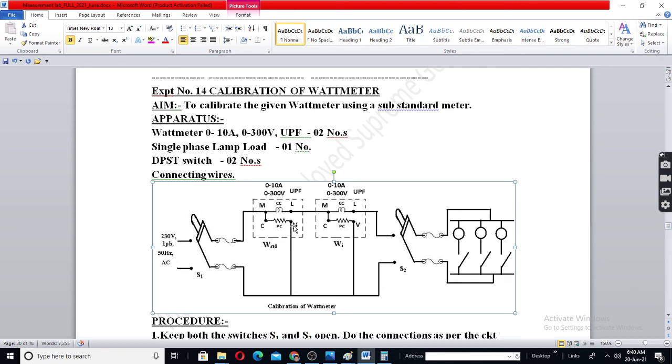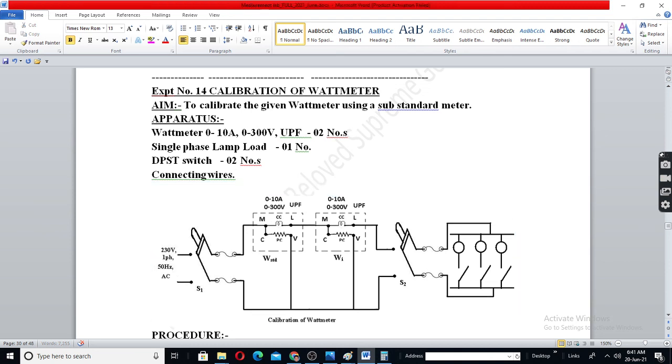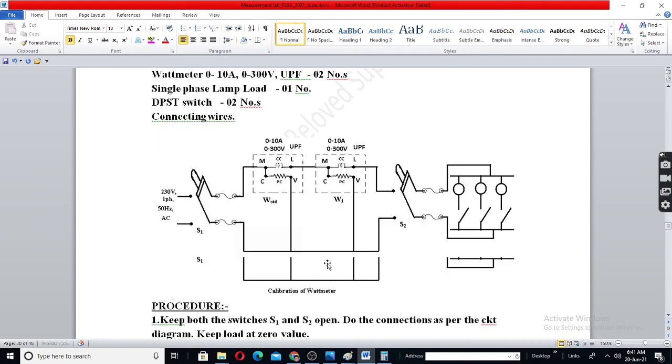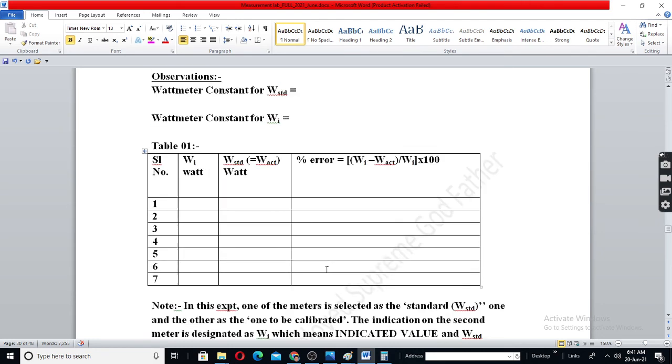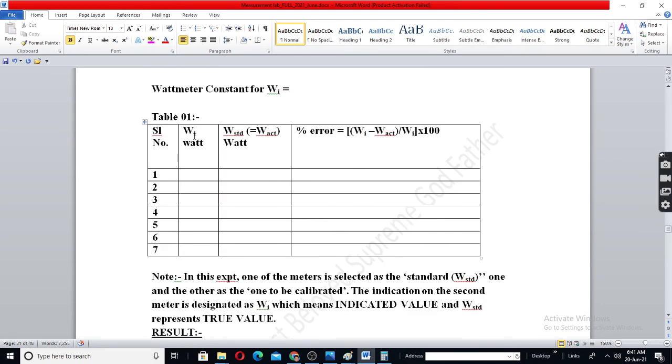In your laboratory, you take any 2 meters and assume one is accurate, standard, and the other is to be calibrated. You have to understand the concept. Here you are not bothered which is accurate, because in our laboratory we don't know which is more accurate and which is less accurate. So the procedure is similar.